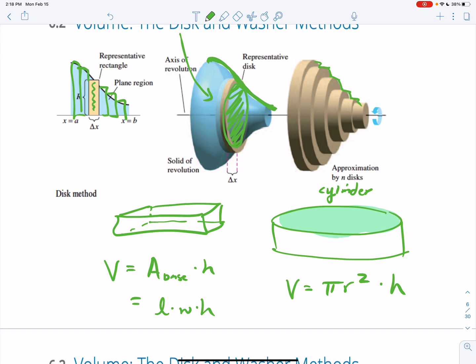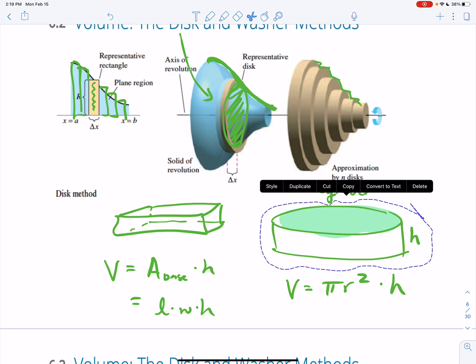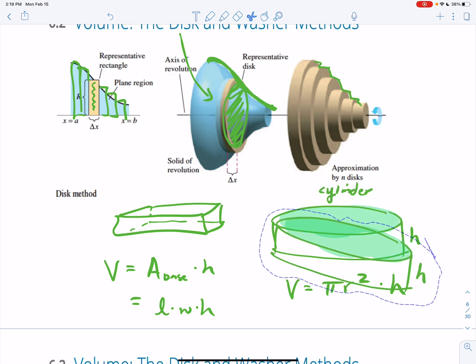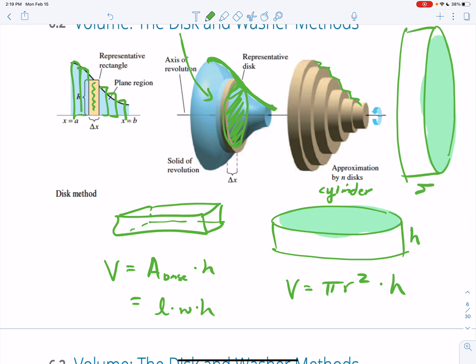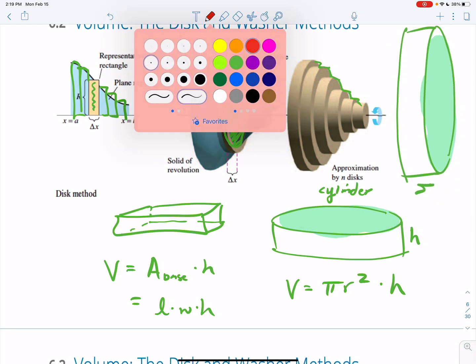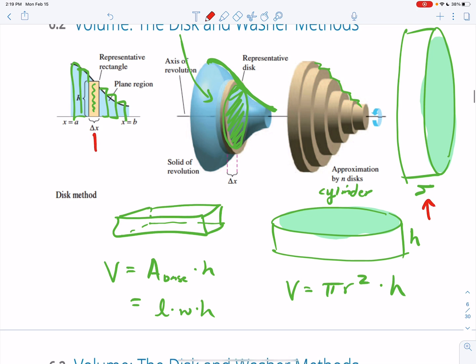Okay? So your height is right here. If I were to duplicate it and then turn it sideways, notice how that height is really your delta x here. Your height is really your delta x.